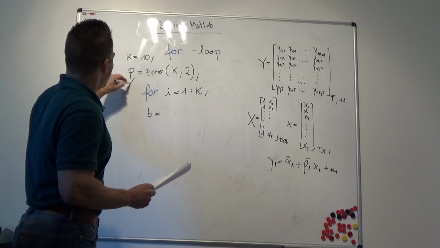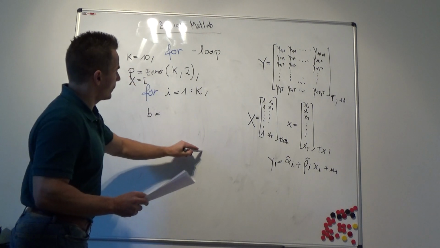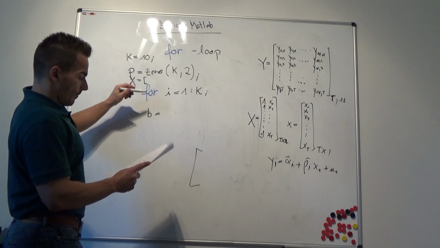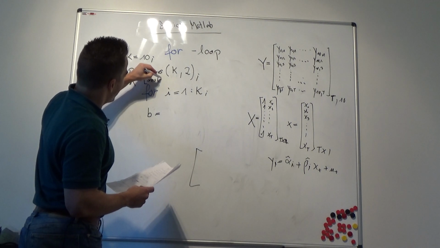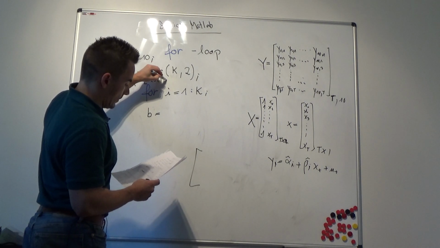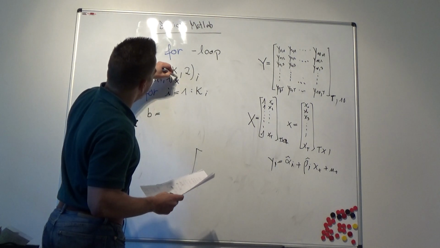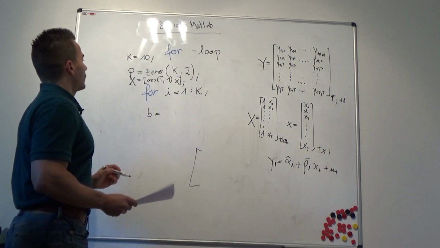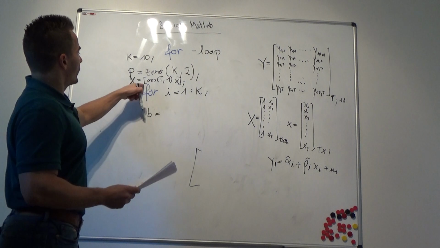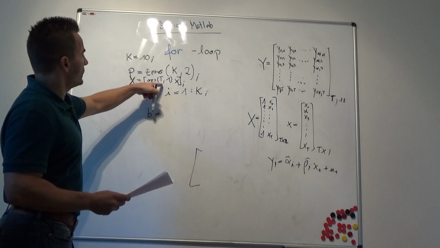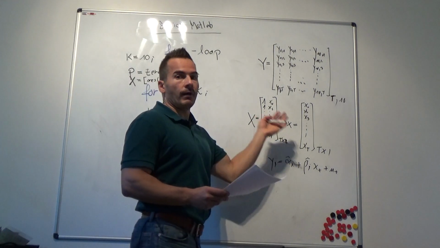Let's define it after P. Capital X is equal to a bracket open, ones(T, 1), a vector of ones that has the dimension capital T comma 1, then we leave a space and put in our small x, which we have already defined in the system.